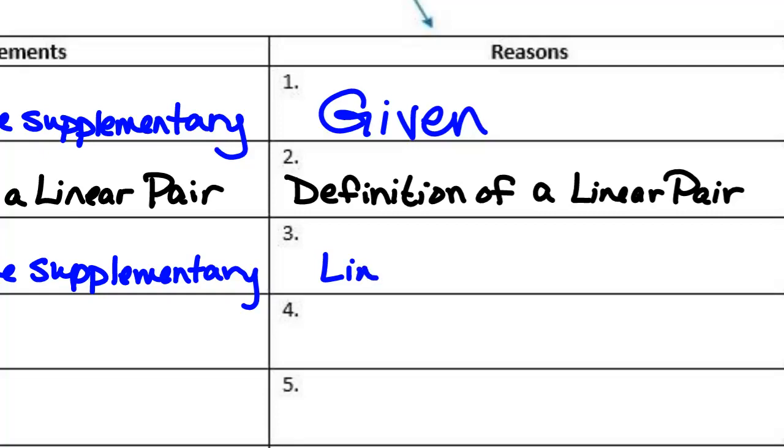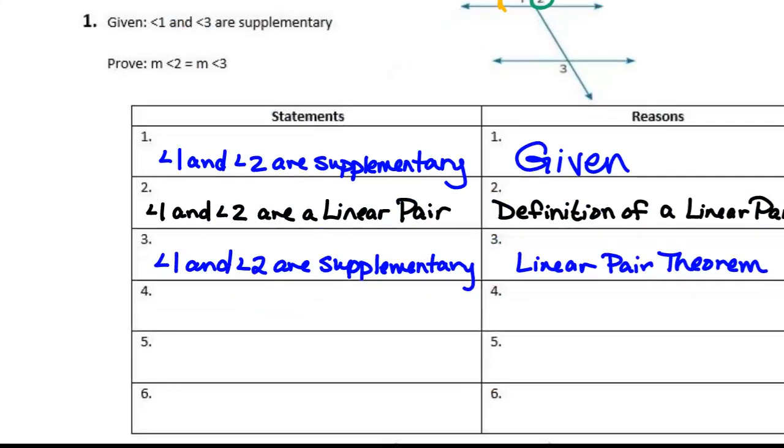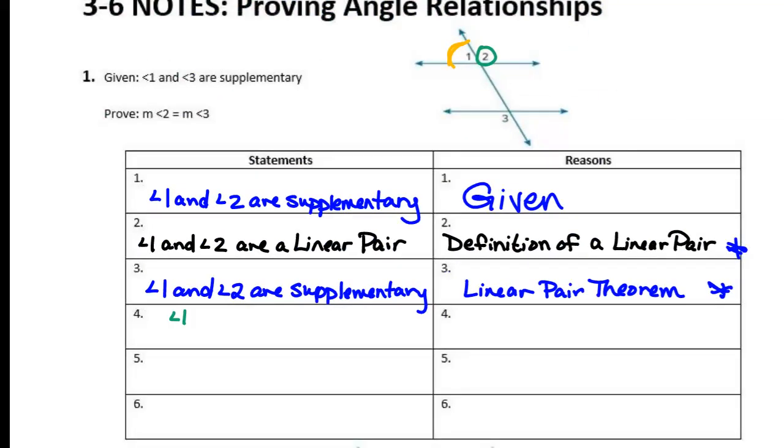That would be my linear pair theorem. Both of these guys came off that golden sheet. Supplementary angles add up to how much? 180.